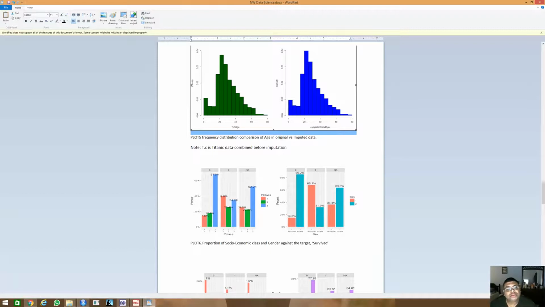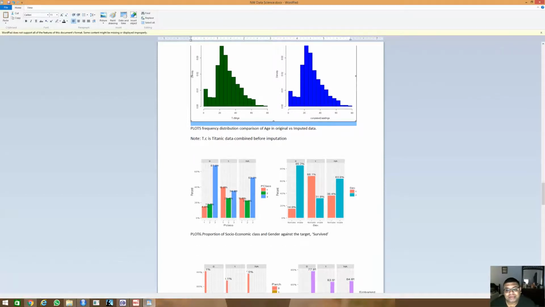The third class has a higher chance of not surviving, 1 being survived and 0 being not survived. This goes with sex as well. The males have a higher chance of not surviving. The females therefore have a better chance of surviving.